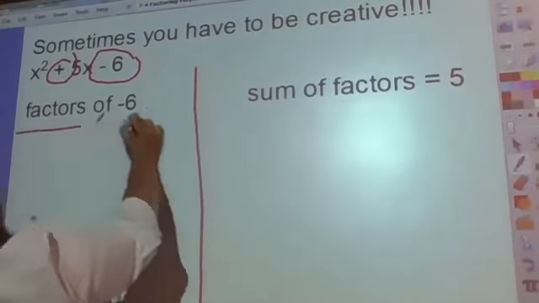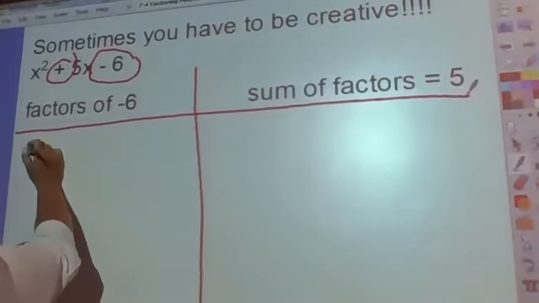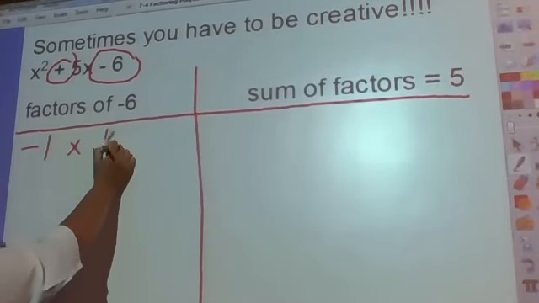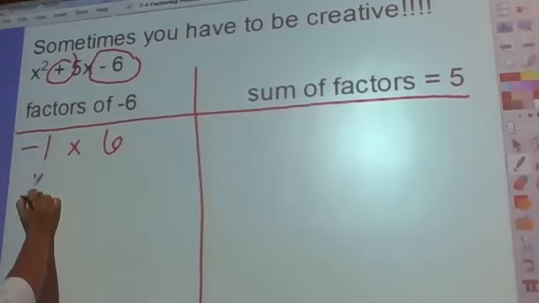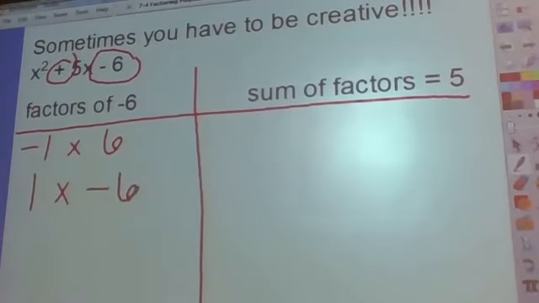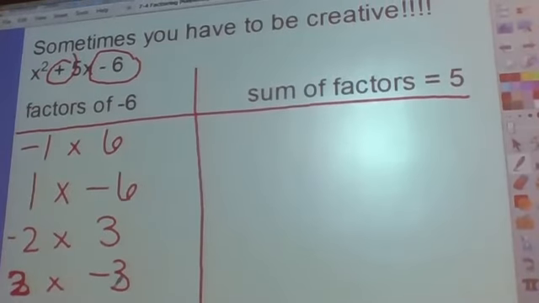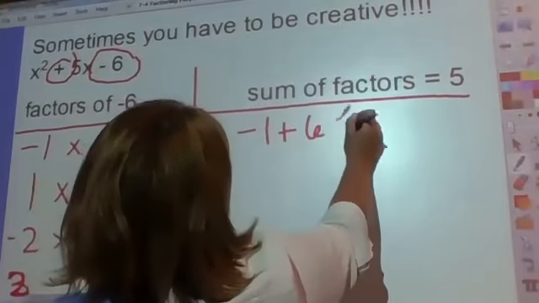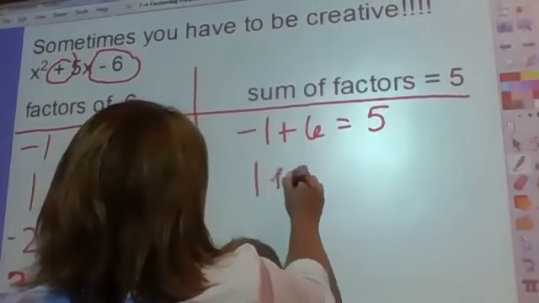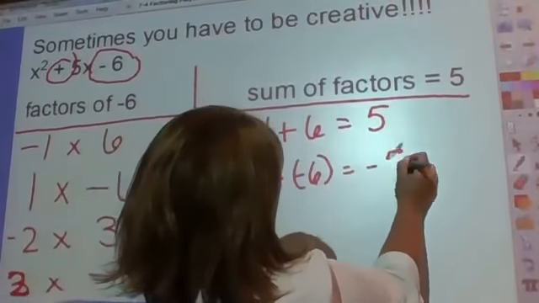So factors of negative 6 might be negative 1 times positive 6, or 1 times negative 6, or negative 2 times 3, or positive 2 times negative 3. Don't those all have a value of negative 6? Yeah. But the sum has to be positive 5. Negative 1 plus 6, there it is right there. But just to show you the rest of it, that's not going to work.